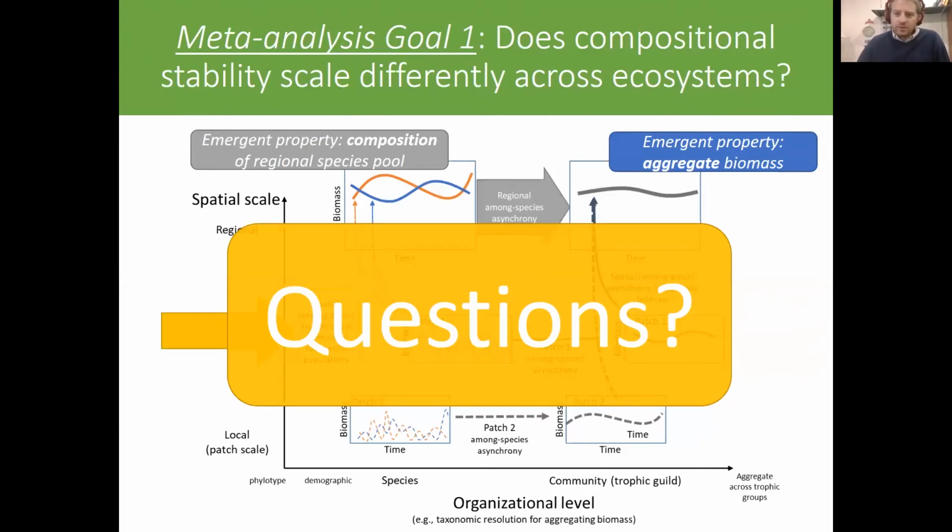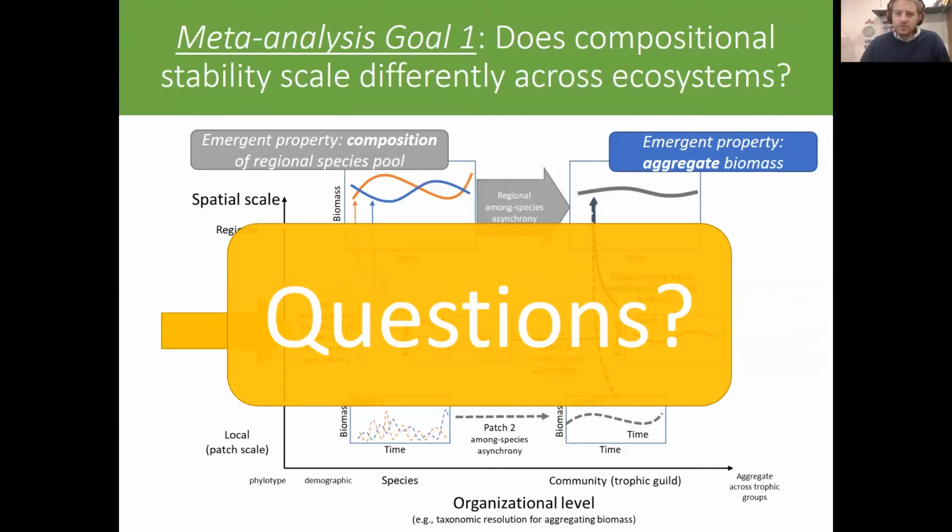So if you have a fluctuation in one direction or another, all of your patches go in that direction. And if you have, say, a species extinction, that species becomes extinct at every patch within your metacommunity and then can't be rescued.